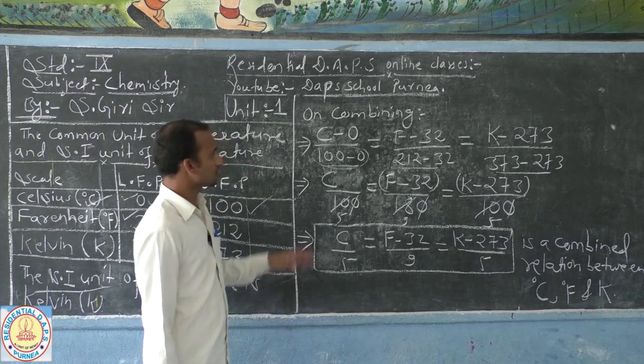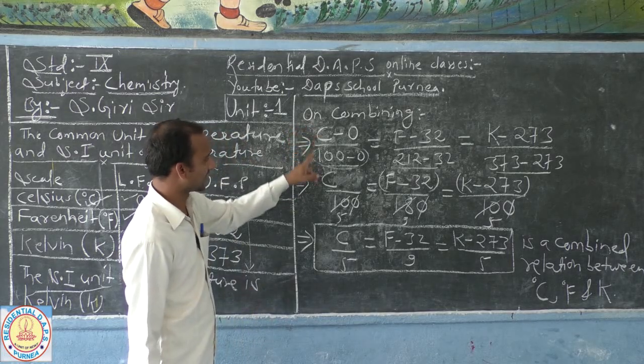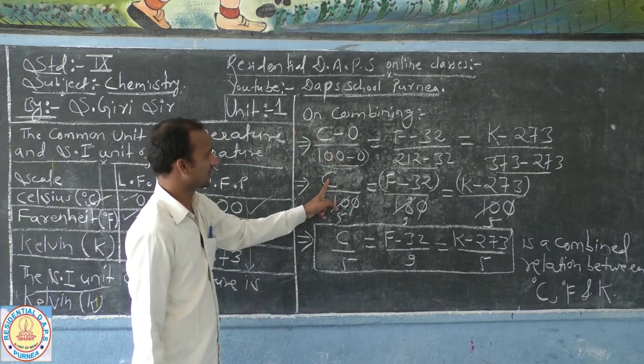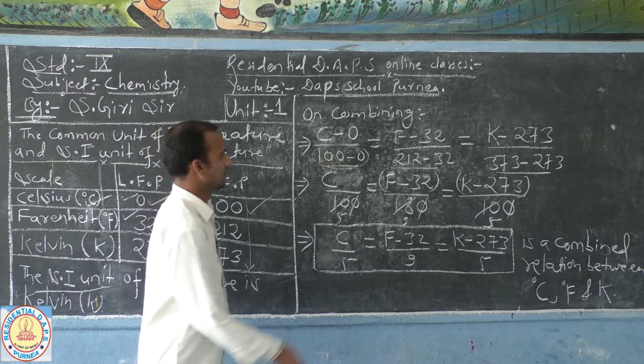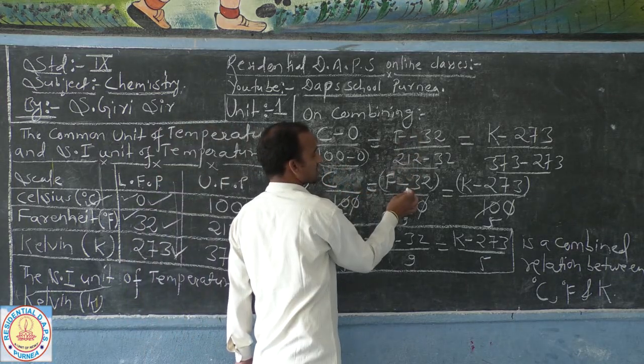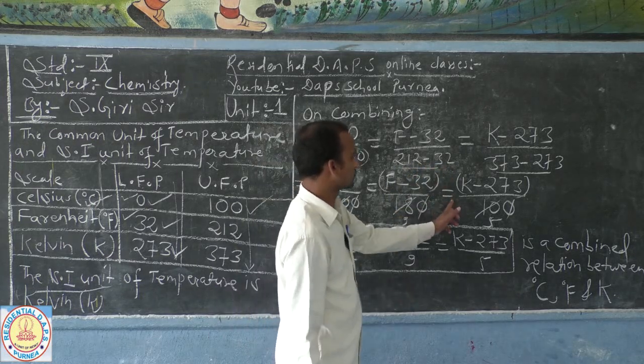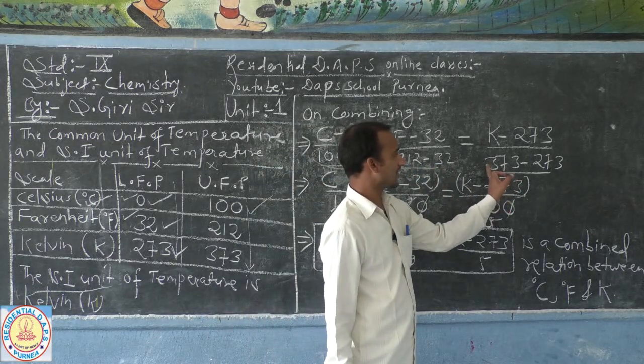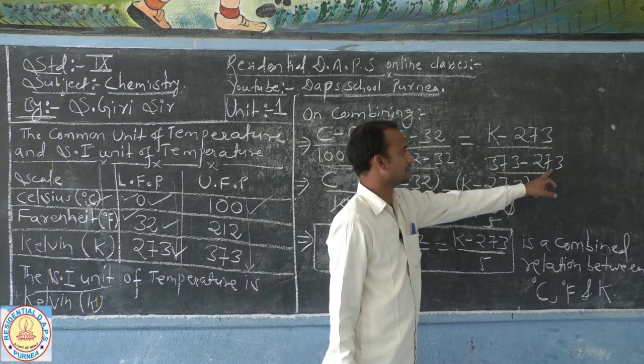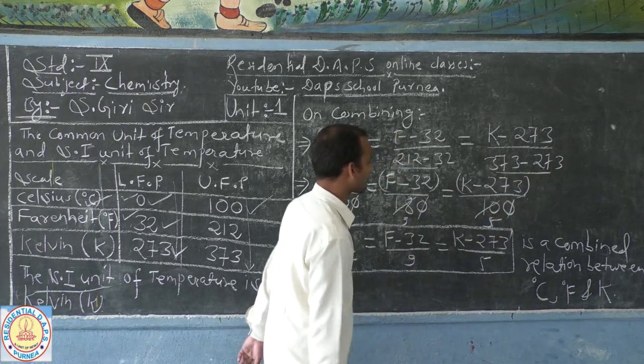Got the point? After writing this step, you will get C minus 0 is C, 100 minus 0 is 100, equal to F minus 32, 212 minus 32 you will get 180, equal to K minus 273, and after the difference 373 minus 273, we get 100.